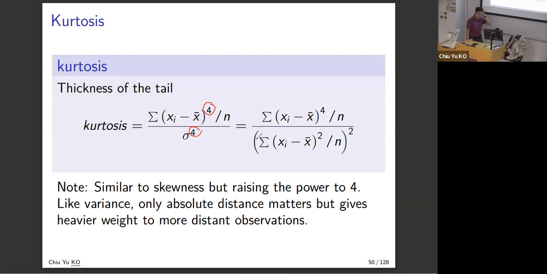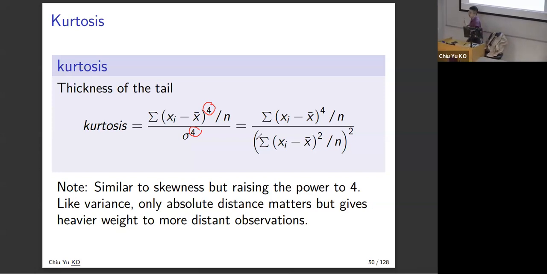This measure is asking one thing very simple: how extreme the values are. Raised to the power 4, the extreme values become super large. And what's the benchmark? For skewness, the benchmark is 0, positive or negative. For kurtosis, the benchmark is 3.